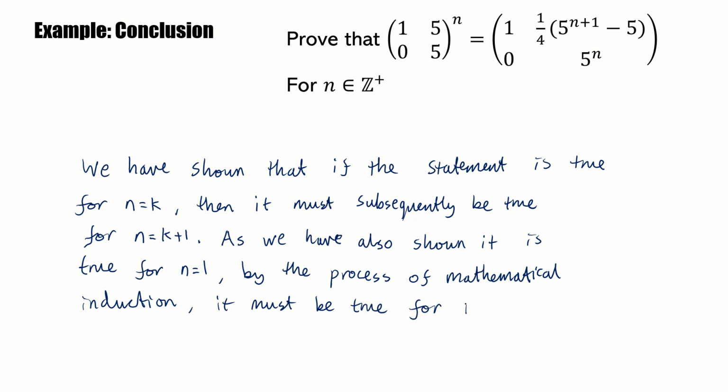You can write that, or you can write for n and then do the weird Z with a plus to make it clear that it's positive integers.